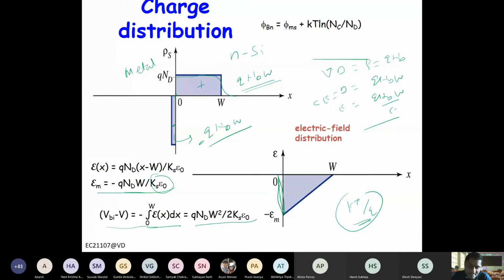For a p-n junction, where there are two sides, it reduces by 2 kT by Q. So your VBI becomes the VBI for rectangular space charge minus 2 kT by Q. But this is a metal-semiconductor junction, so there will be only 1 kT by Q here because the other side is metal.